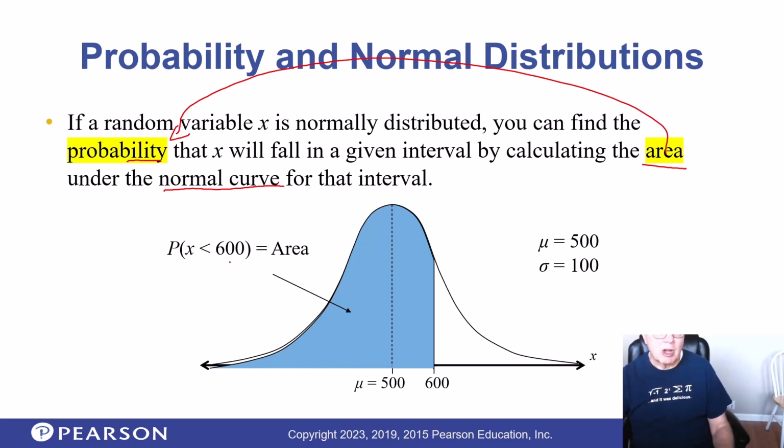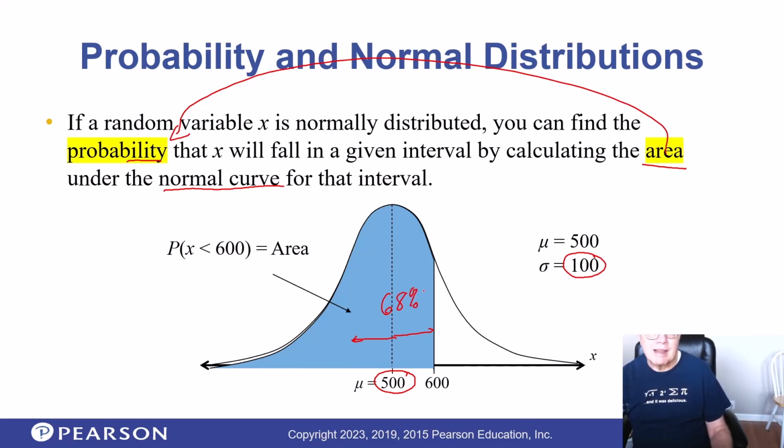Remember, this is one we talked about earlier. Almost, except this normal curve has a mean of 500 and a standard deviation of 100. So 100 away and 100 away, and you're talking about 68% of the area.